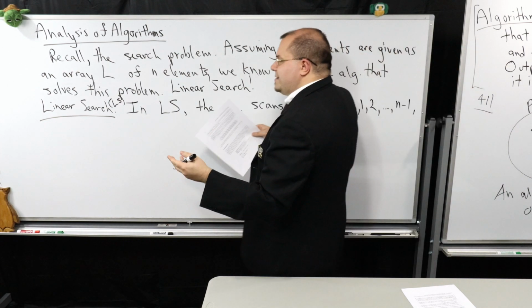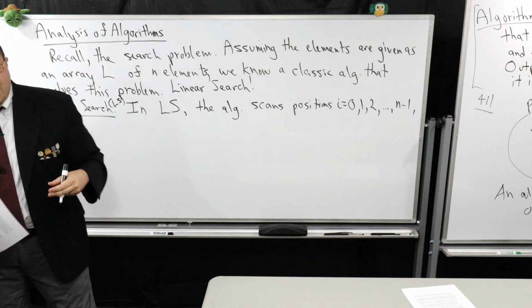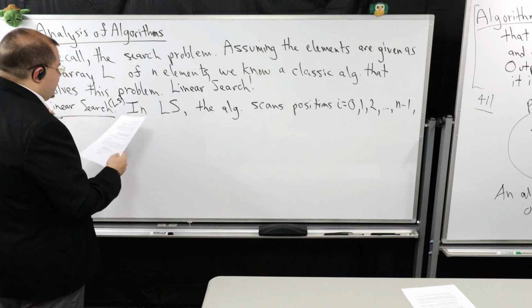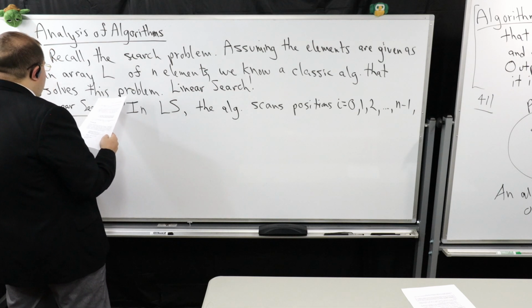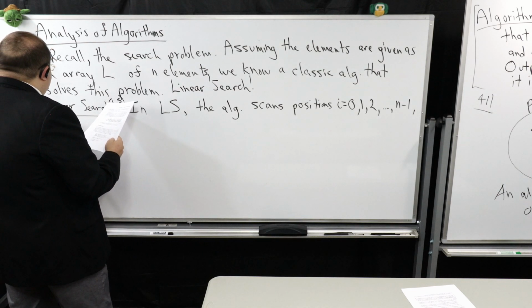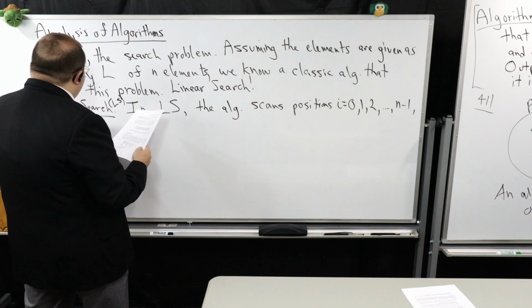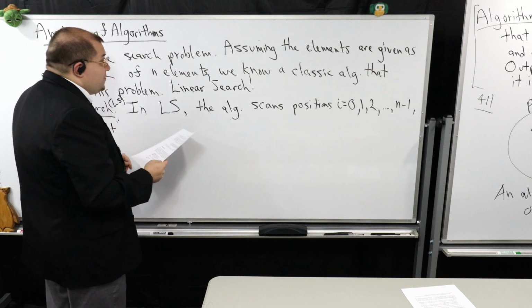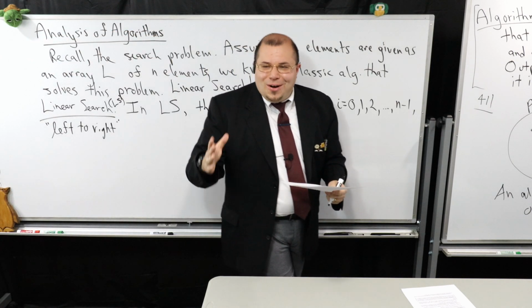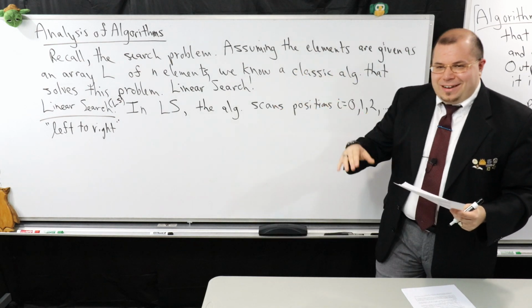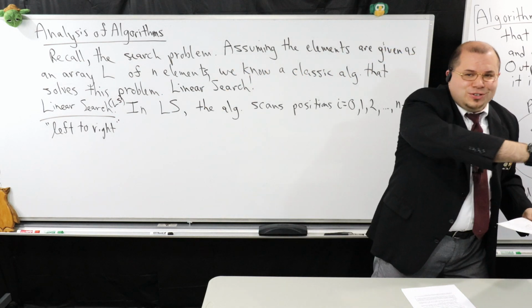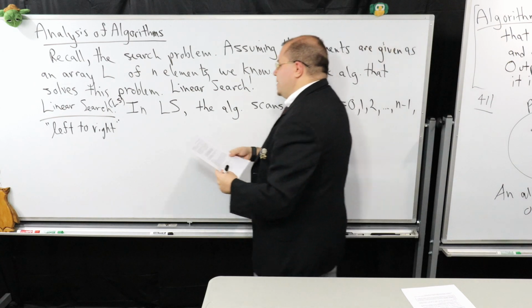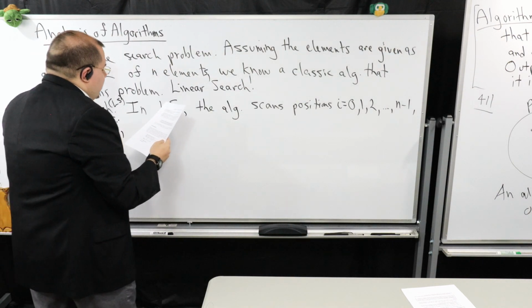I'm just going to assume the array is indexed from position 0 up to n minus 1, hence why I'm indexing it in this fashion. You can think of this as "left to right". Remember, left to right can be perceived as something else, so I don't want to say that is exactly what it is. When I say left to right, I mean left to right.